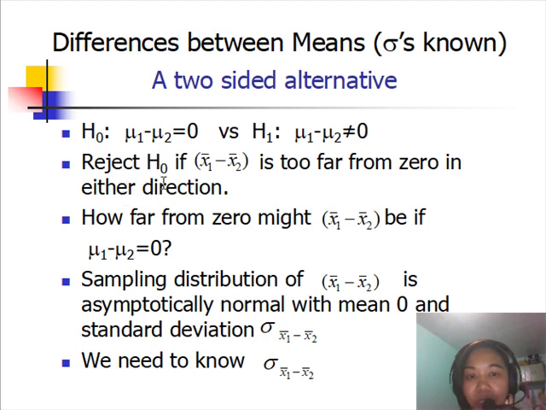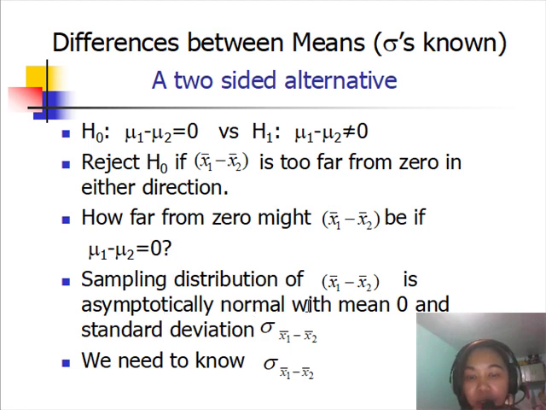So we reject the null hypothesis if the difference of the two sample means is too far from 0 in either direction. The question is, how far from 0 might x bar sub 1 minus x bar sub 2 be if mu sub 1 minus mu sub 2 equals 0?